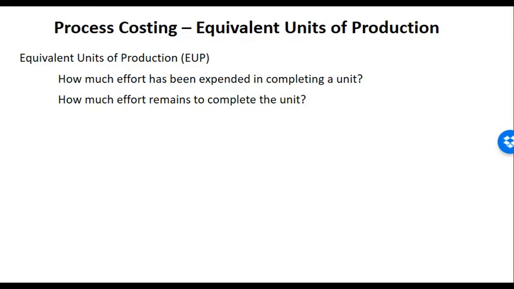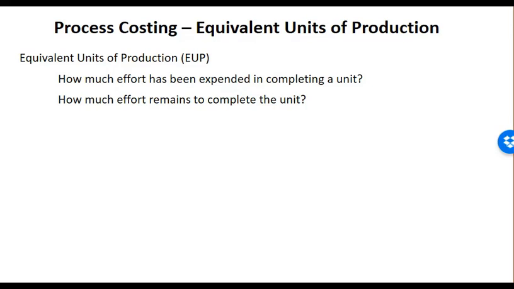Equivalent units of production are basically how we measure the value of what's been put into a particular product or a group of products. The equivalent unit of production tells us how much effort has been expended in completing a unit. In other words, how much effort has been expended on this unit. And we'll get into how that works in a few minutes.